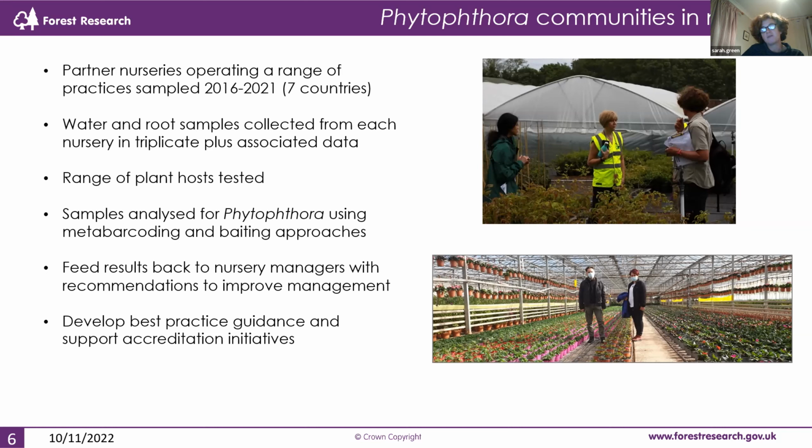So in the UK, we've been working with 17 different partner nurseries operating a range of practices and located right across the UK. And then we've got these 6 other partner countries who have been sampling in their own countries as well. And that includes Greece, Ireland, USA, and California, and also Italy, France, and Austria.